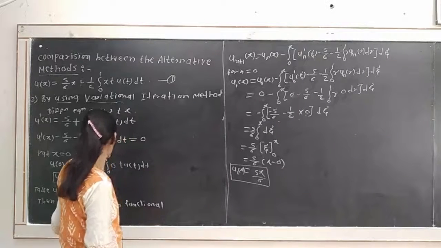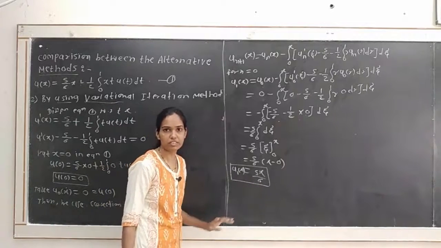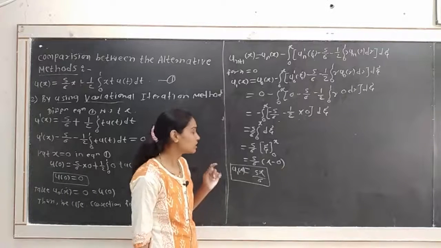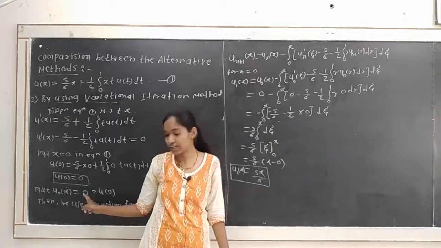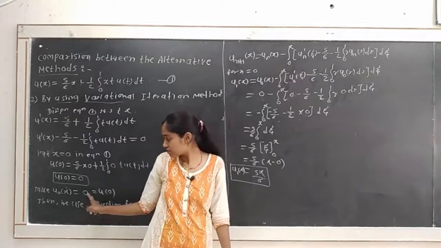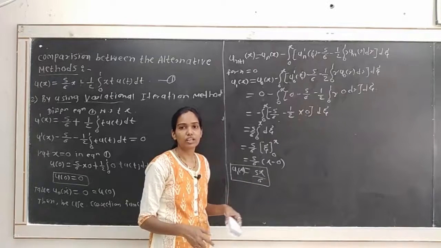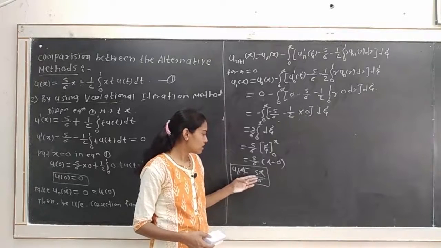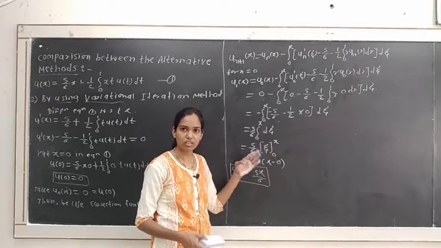u0 of x is equal to 0 and u1 of x is equal to 5x divided by 6. In the Adomian decomposition method, we consider the zeroth component to be 5 divided by 6 into x, and then we get the next component, that is 5x divided by 6 square, then 6 cube, in this way.